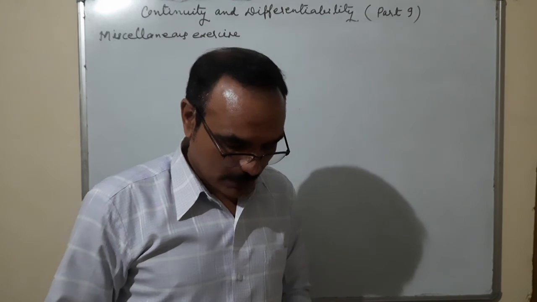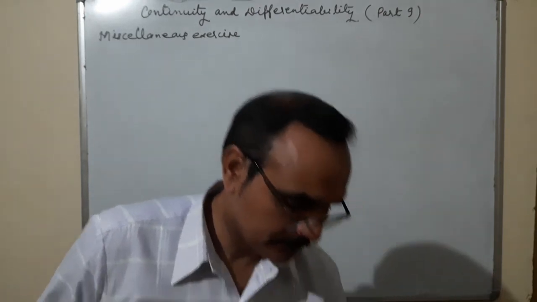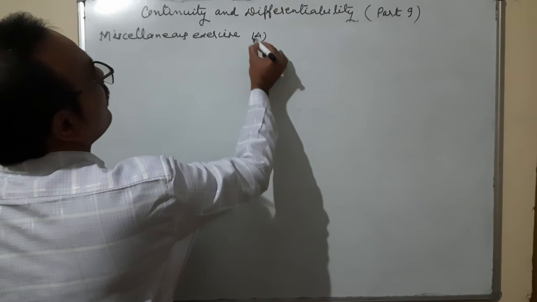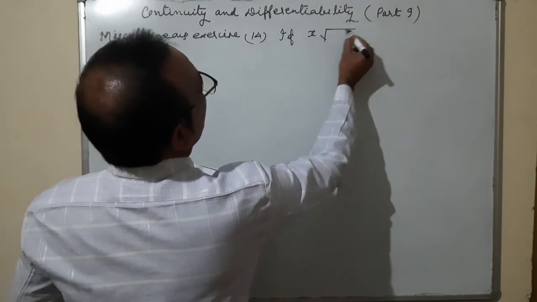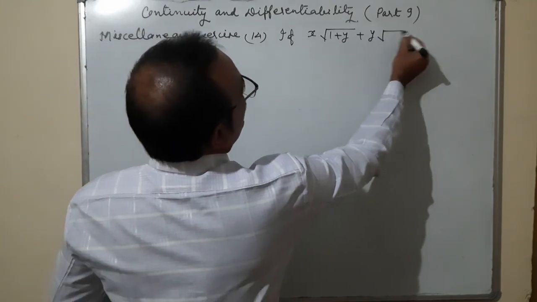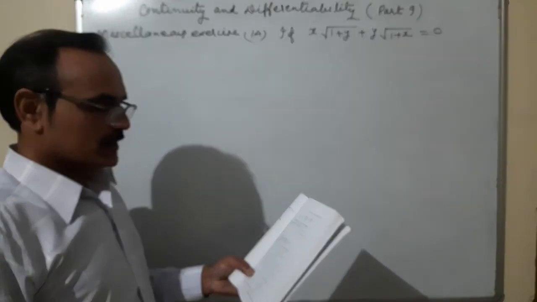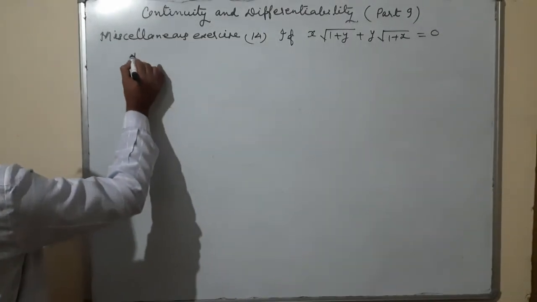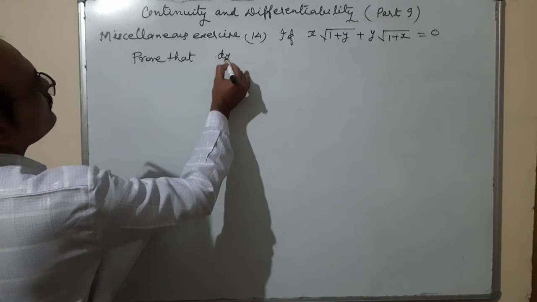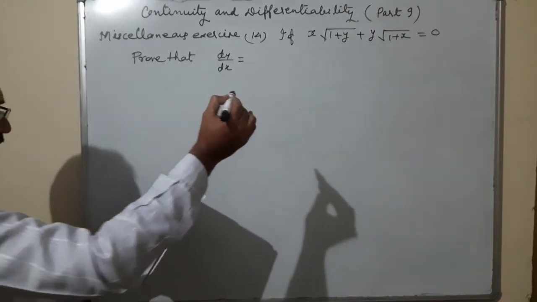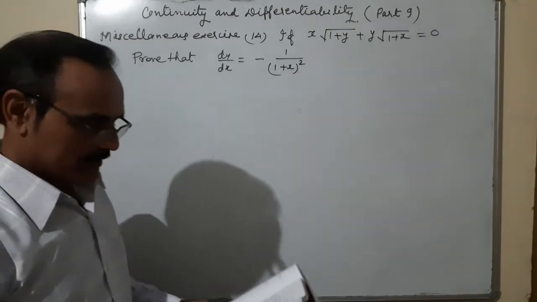Question number 14. If x under root 1 plus y plus y under root 1 plus x is equal to 0, for minus 1 less than x less than 1, prove that dy by dx is equal to minus 1 upon (1 plus x) whole square.